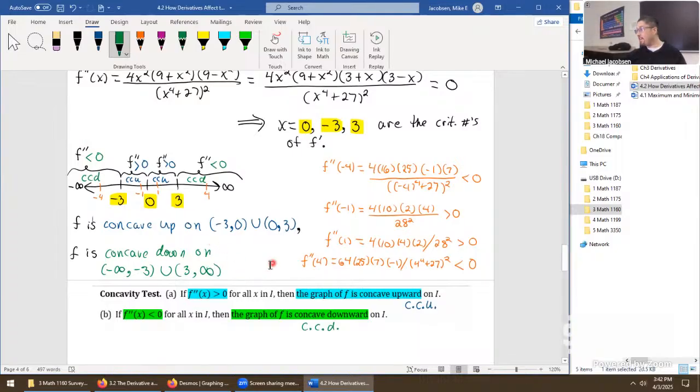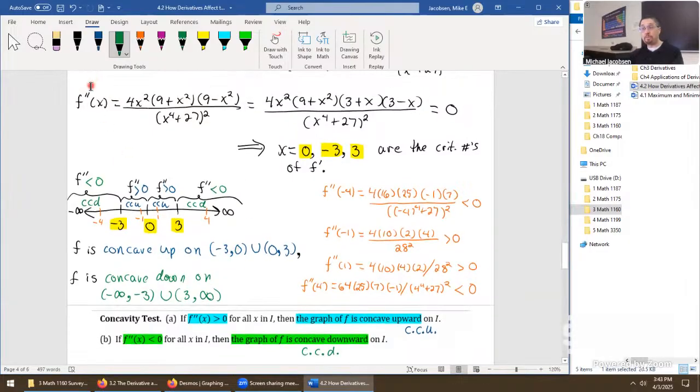So that takes care of concavity finally. And again, if you have a feeling of deja vu from the increasing decreasing test, that's good because algebraically and with the calculus, it's exactly the same steps other than we based it on the second derivative for critical values, which means it's not about increasing or decreasing. It's about concave up, concave down.